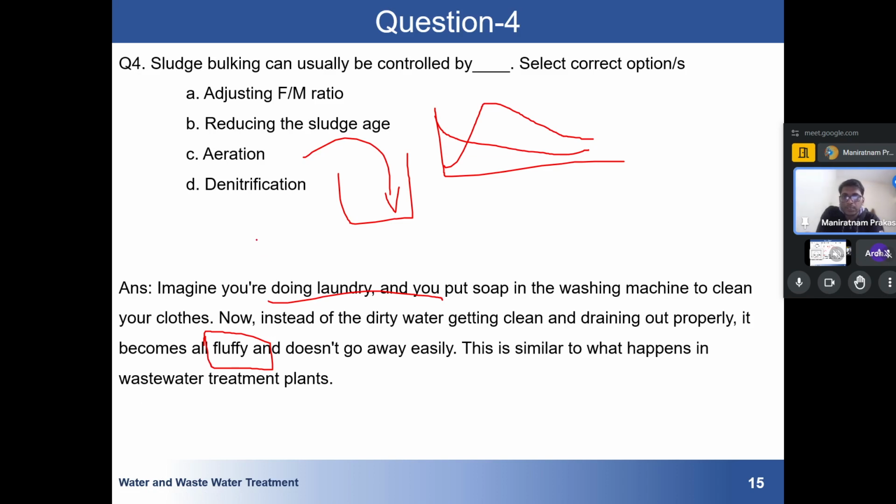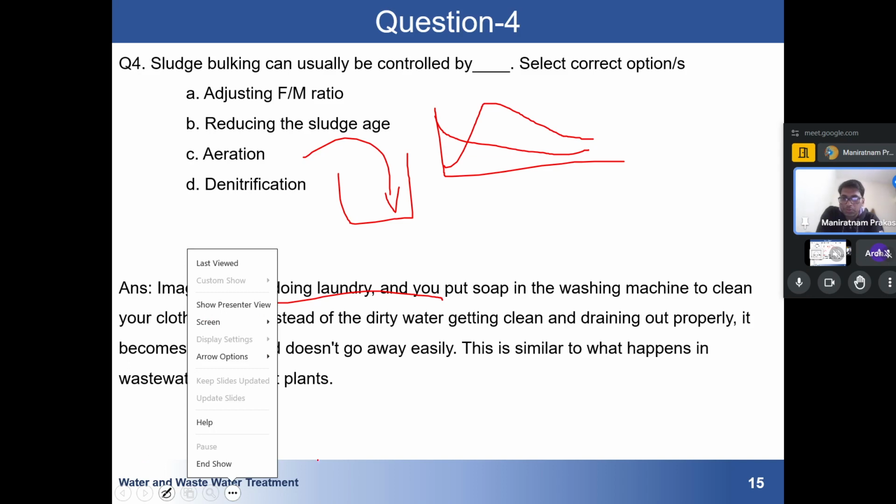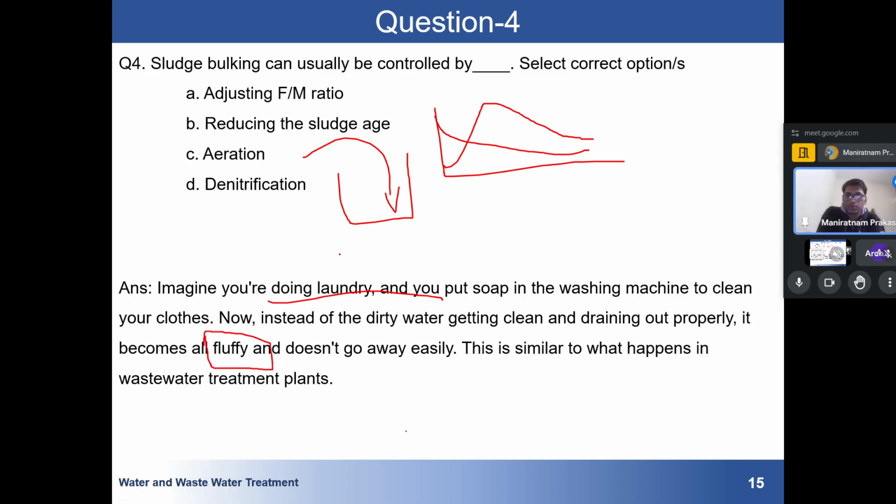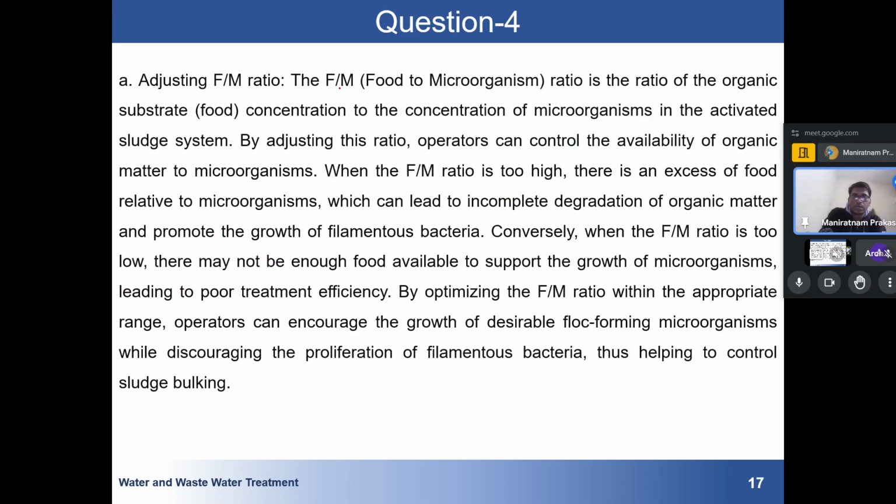What is denitrification? I will also discuss that. If you are aware, remember this is a multiple correct question, meaning more than one option can be correct. I will discuss one by one what these different terms are.